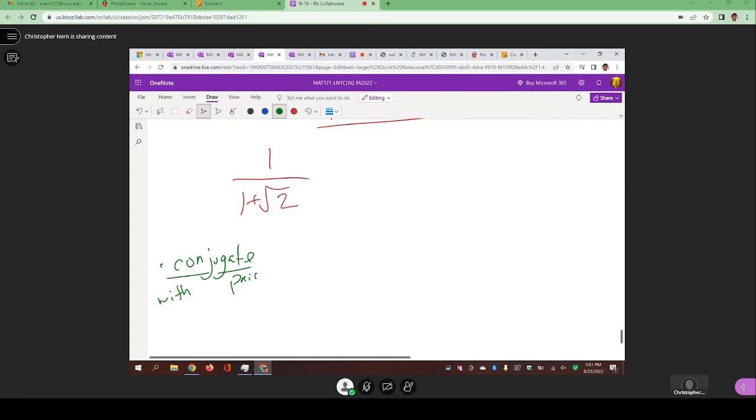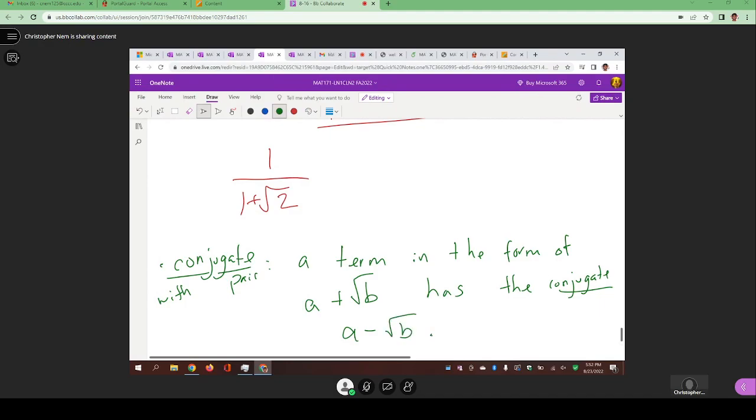So, a conjugate, we're going to define that as a term in the form of A plus root B has the conjugate A minus root B. So it's kind of like the opposite in that aspect, like the mirrored world or whatever you want to think about.